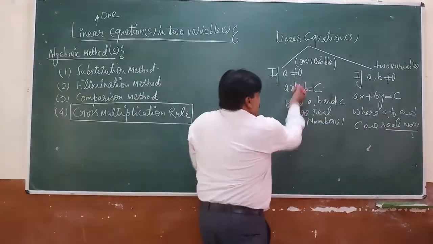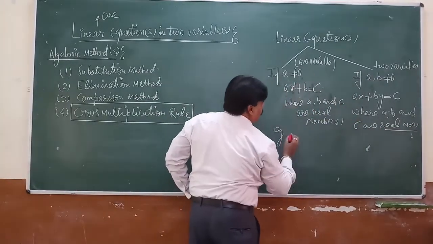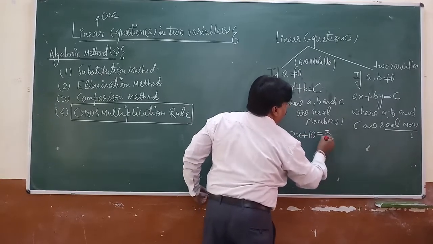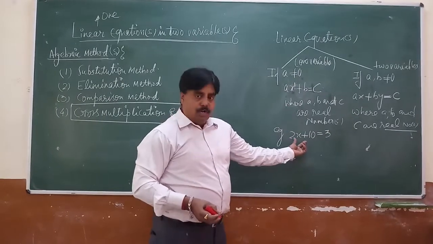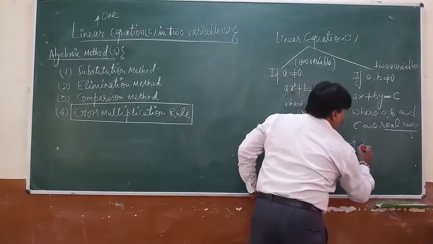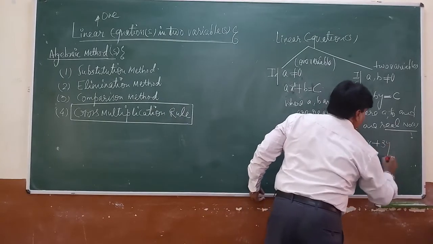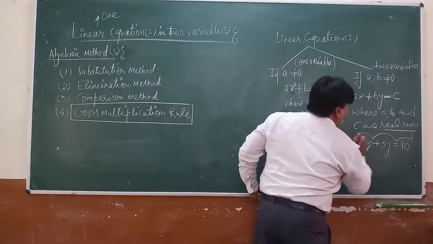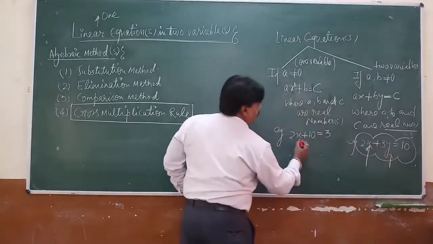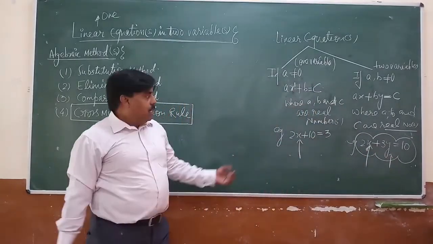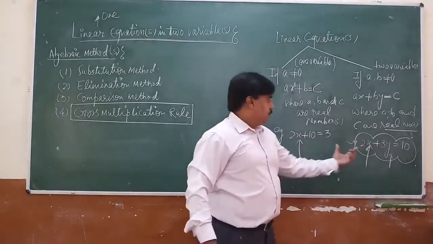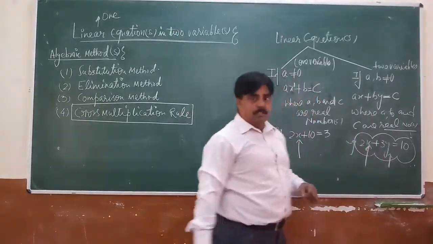Here you can take the example of a linear equation in one variable like 2x plus 10 is equal to 3. And like 2x plus 3y is equal to 10, this is a linear equation of two variables. x and y are the two variables here. Here x is only one variable, so this is the linear equation of one variable, and this is the linear equation of two variables.